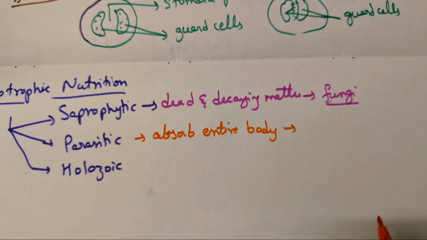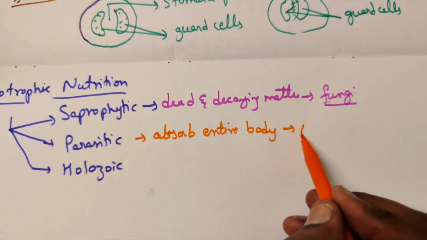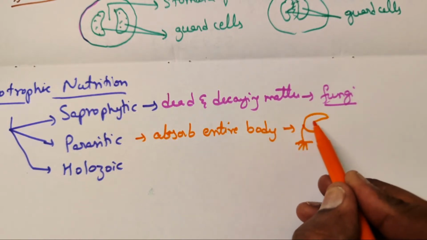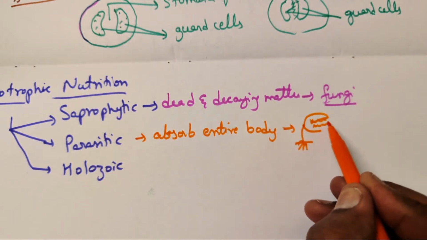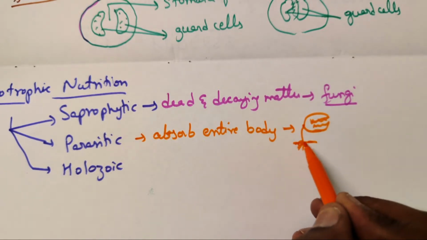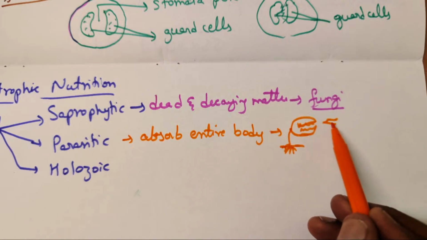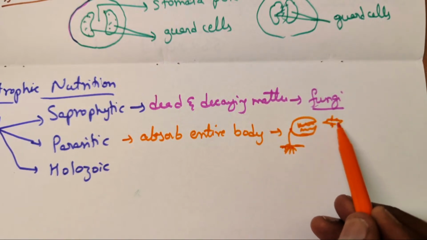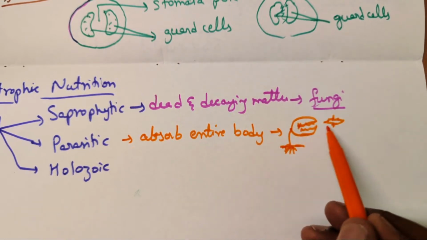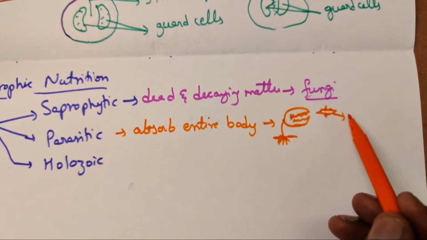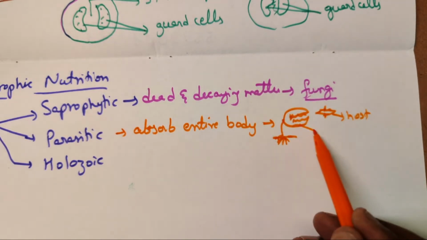Suppose we have, you might have seen in your childhood also, there are a few plants shaped like this with teeth on it. This is a parasitic example where whatever insect or fly comes beside it, it will swallow it entirely. There is no breakdown, it will directly consume the entire body, and this is called the host and this is called the parasite.